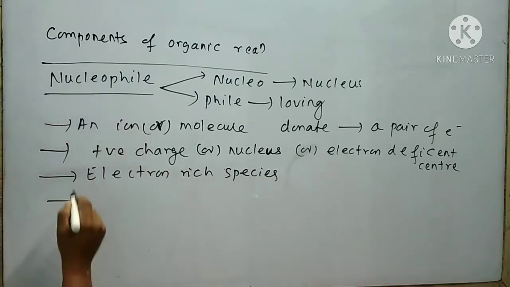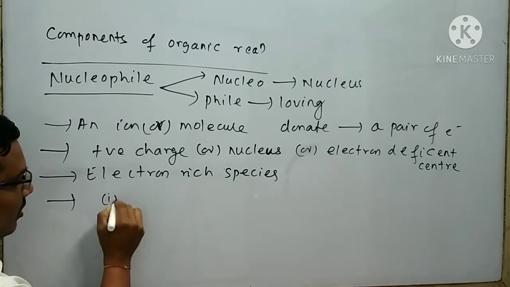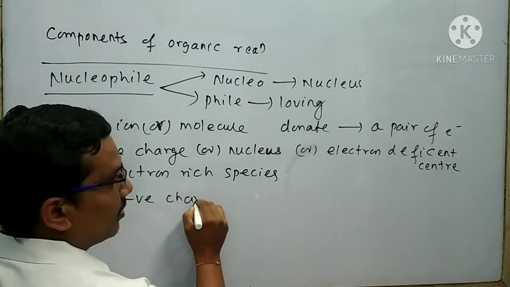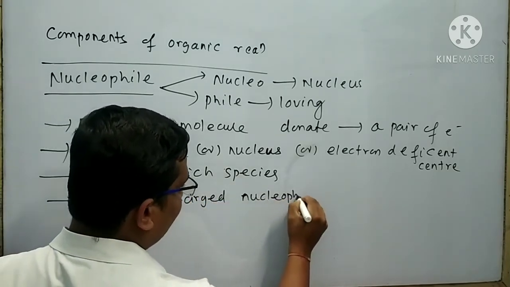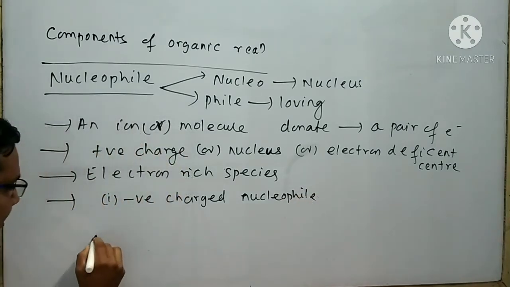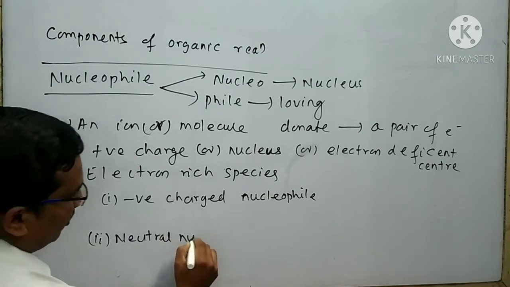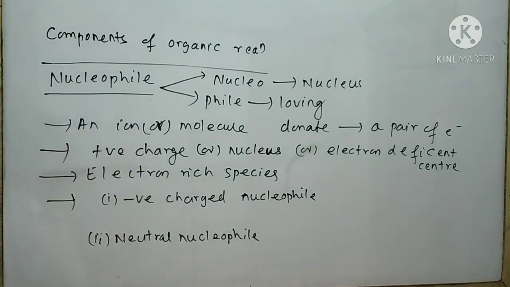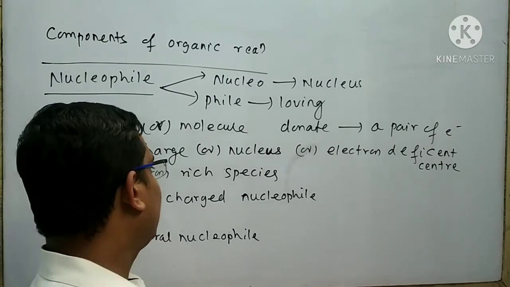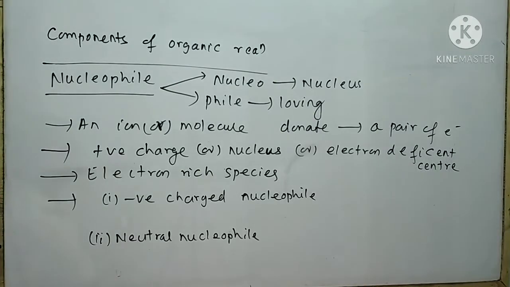There are 2 types of nucleophile: number 1 is the negative charged nucleophile, second is the neutral nucleophile. Remember an important point: generally nucleophiles are electron rich species.